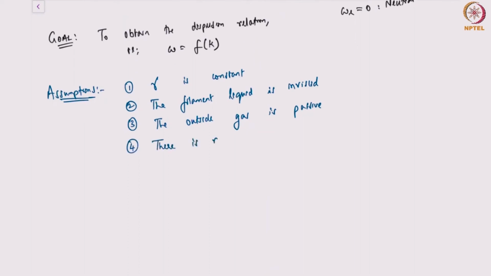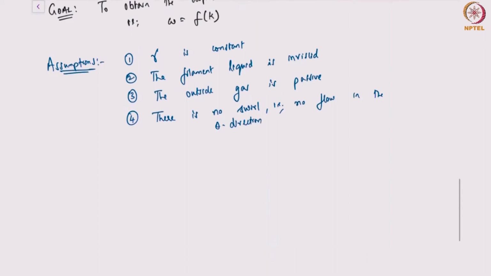There is no swirl, that is, no flow in the azimuthal direction, and viscous forces are neglected.